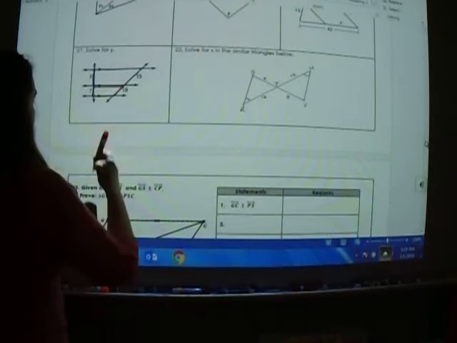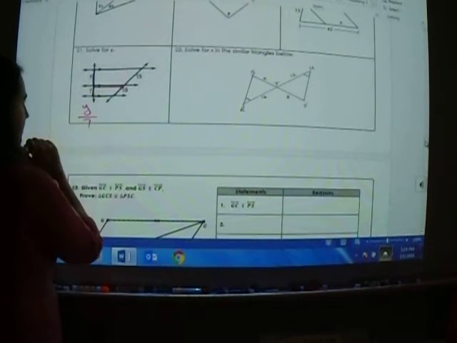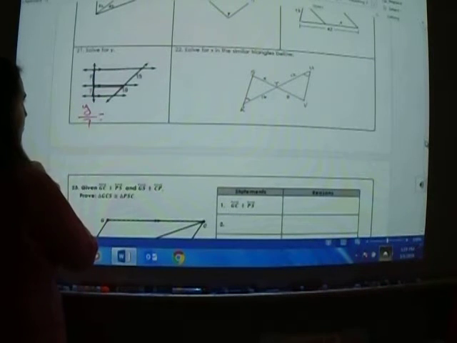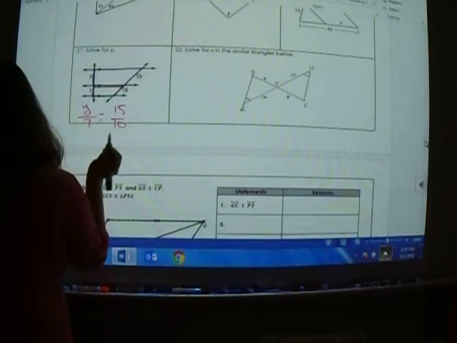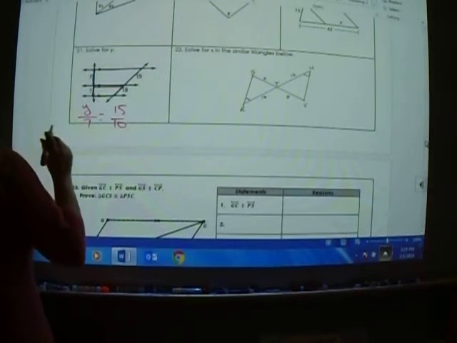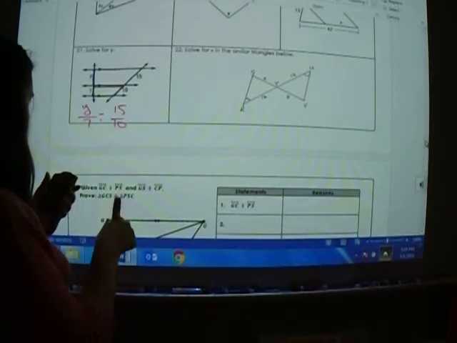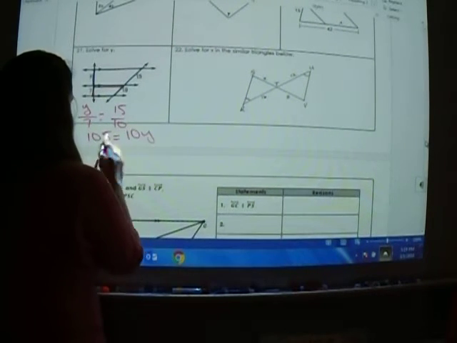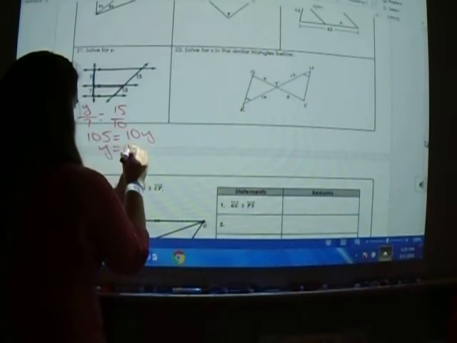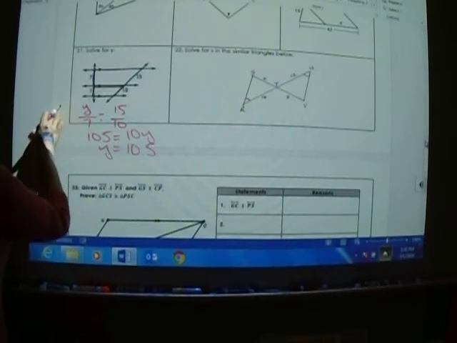So we set up a ratio, y over, let's say 7 equals 15 over 10. We have 15 times 7, which is 105, equals 10y. y equals 10.5, right? Yep. The answer to 21.